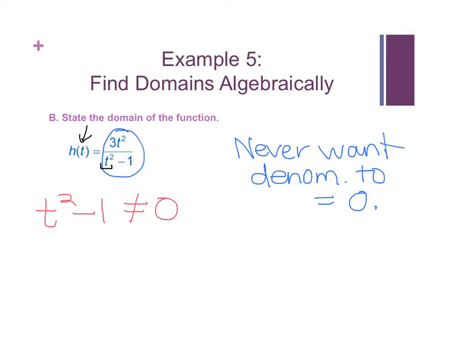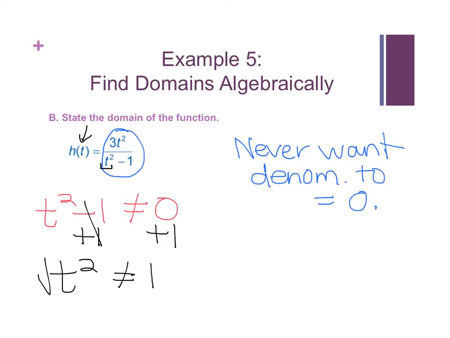Okay, so in this example, I'm going to try and figure out what values of t make t squared minus 1 equal to 0, or in other words, I don't want t squared minus 1 to equal 0. So I'm going to solve this by adding 1 to both sides, and I get t squared cannot equal 1.